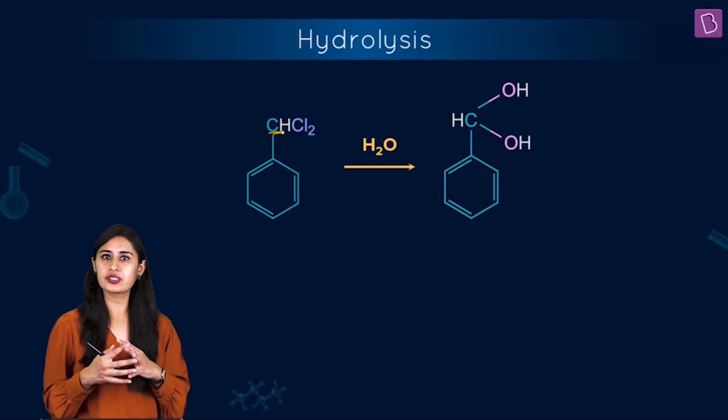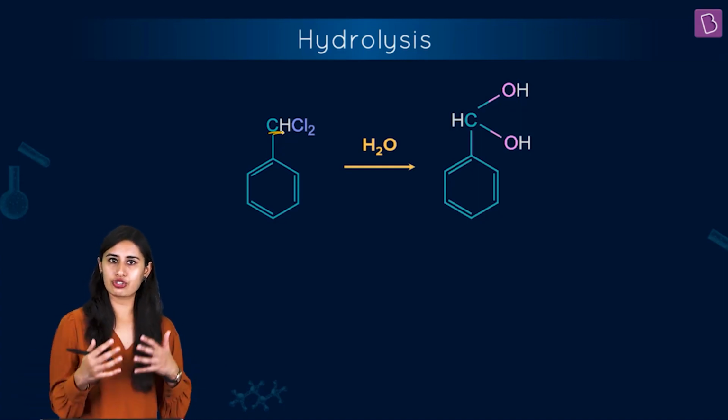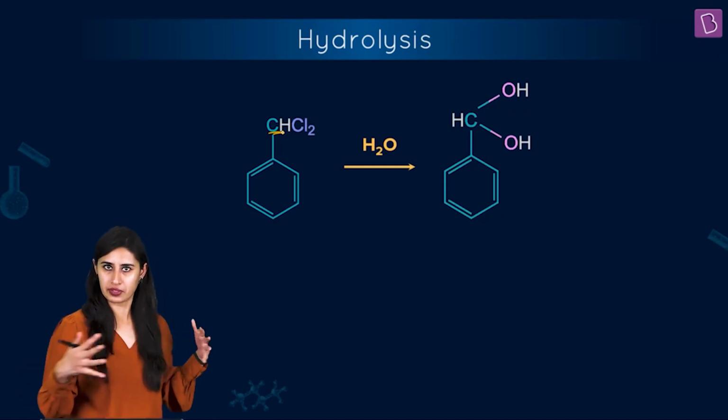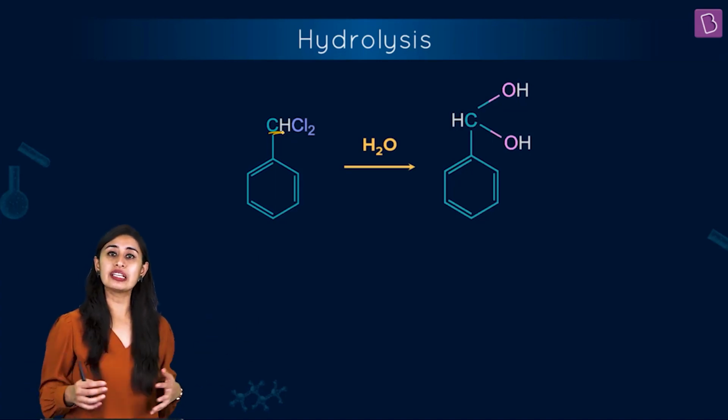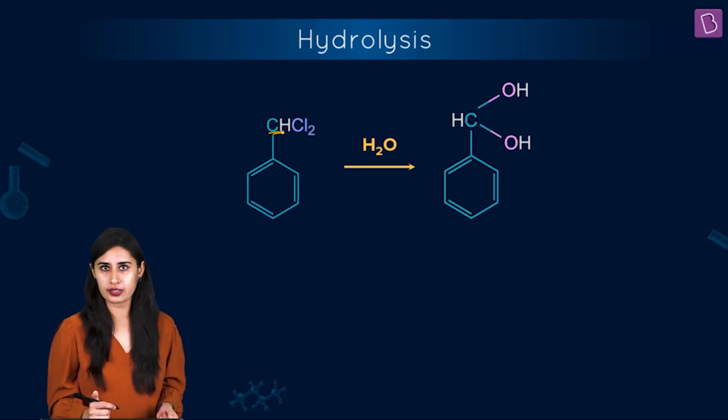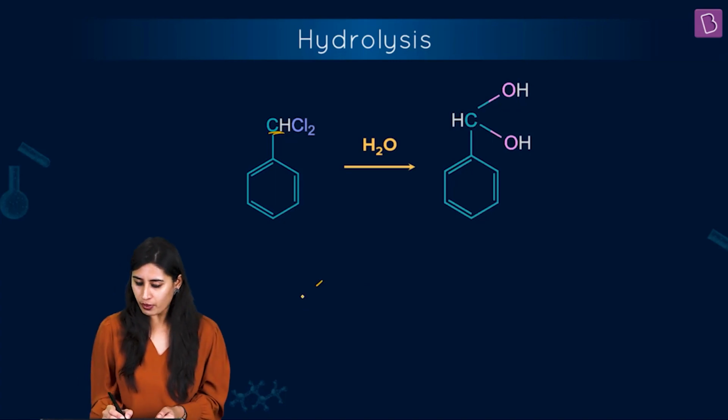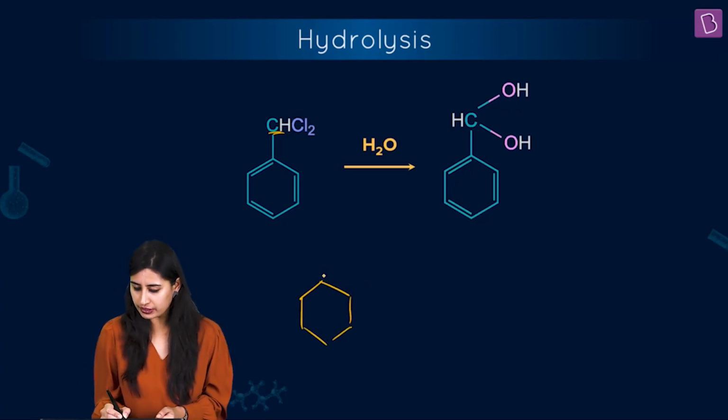Let me tell you, this chain initiation, propagation, termination, whatever this is happening, this kind of a free radical produces multiple products, right? So there is a possibility that we get this particular X. Okay.